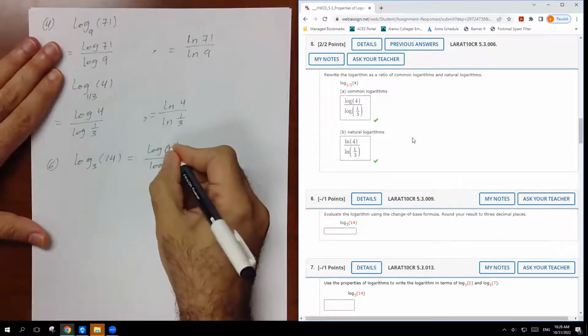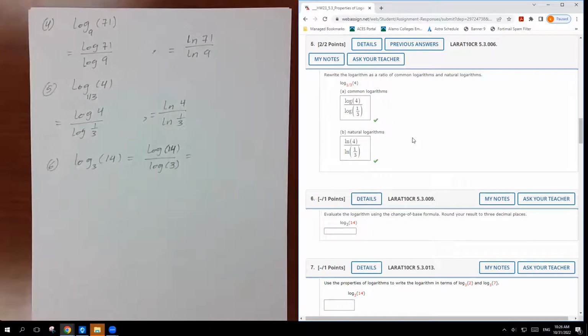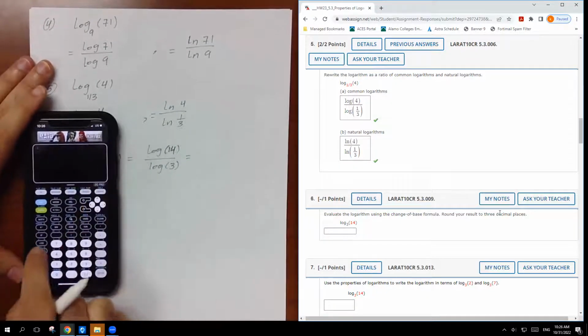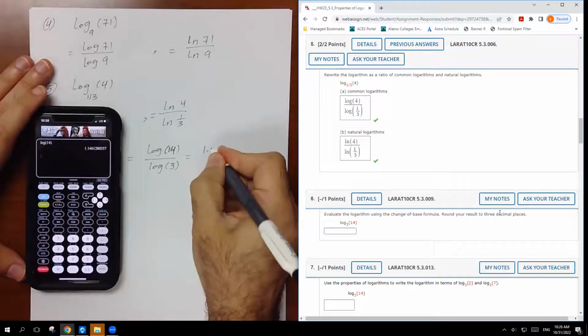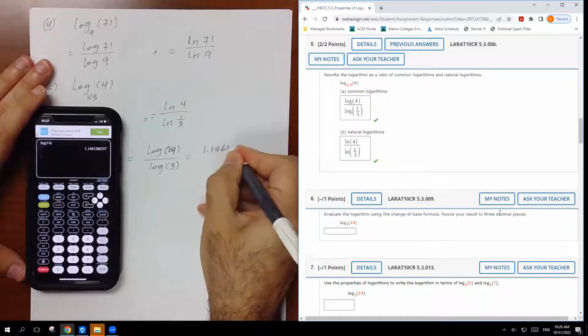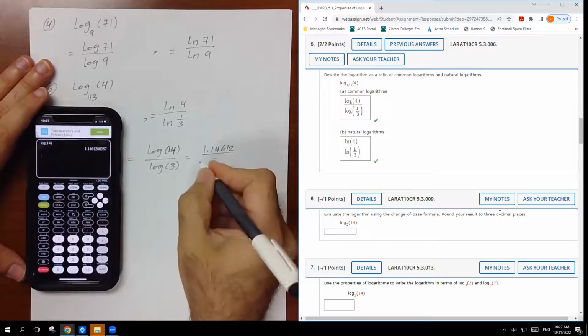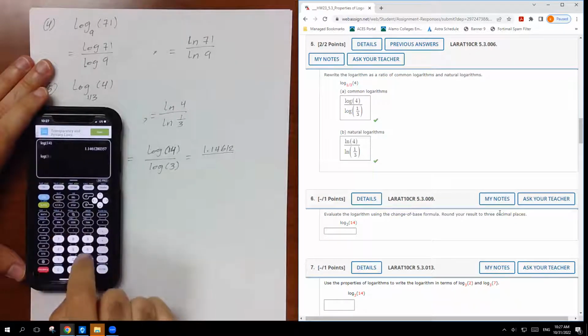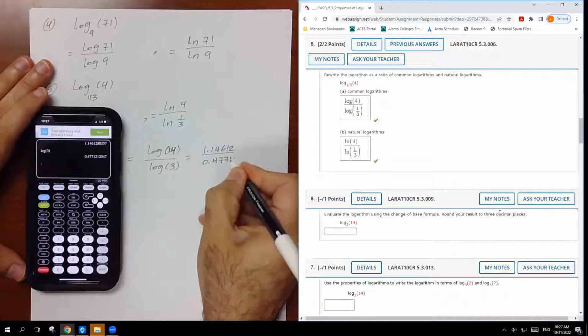That means we're going to plug in the calculator log of 14. The next step, we have to round our result to 3 decimal places. So I'm going to use the common log of 14, which is equal to 1.14612. I'm going to stop here, over log of 3, which is equal to 0.47712.